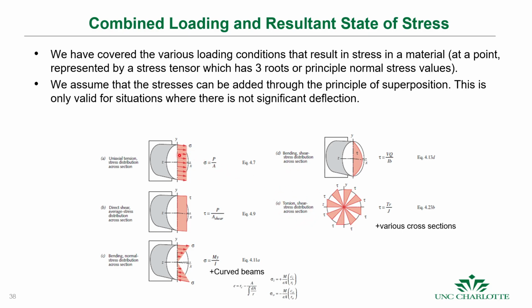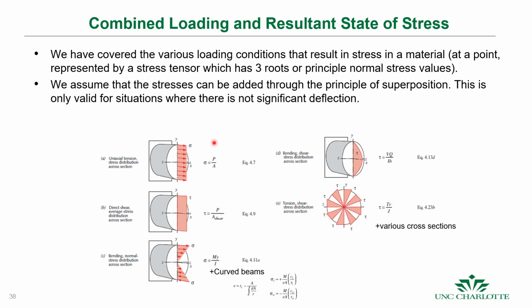Okay, so we have axial loading, direct shear, bending stresses from the flexural formula, shear stresses due to bending with the shear formula, and then torsion due to the torsion equation.